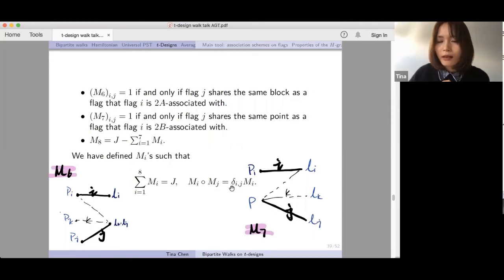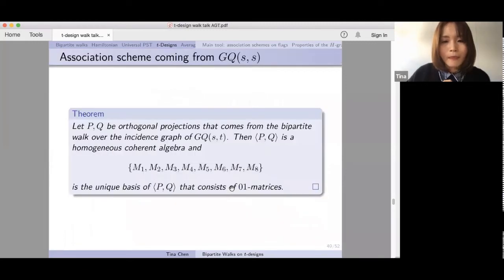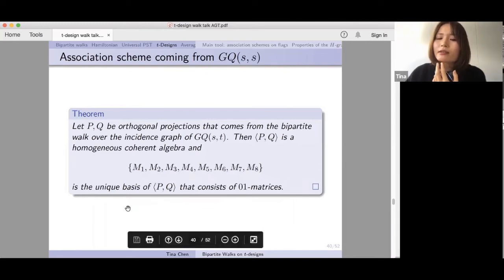So we can see they are actually a formal basis. And so the algebra generated by P and Q is homogeneous, and the set M1 up to M8 is the unique basis of this algebra consisting of 0-1 matrices.